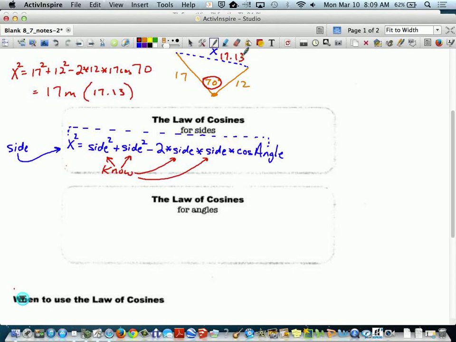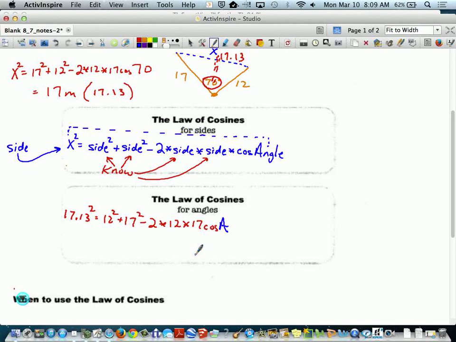So what it's going to look like is the angle and side that pair up will be those two. So I'm going to put the 17.13 squared first. Then I'll do my 12 squared plus 17 squared minus 2 times 12 times 17 cosine.